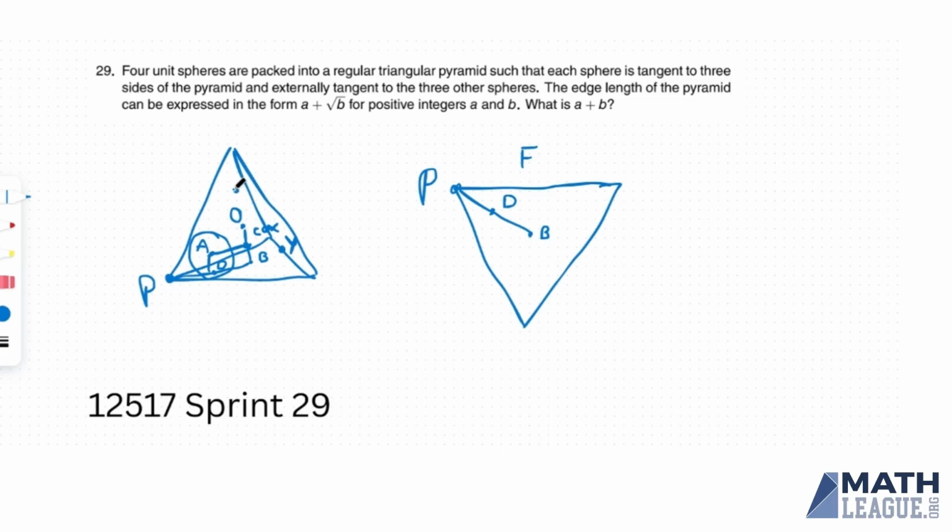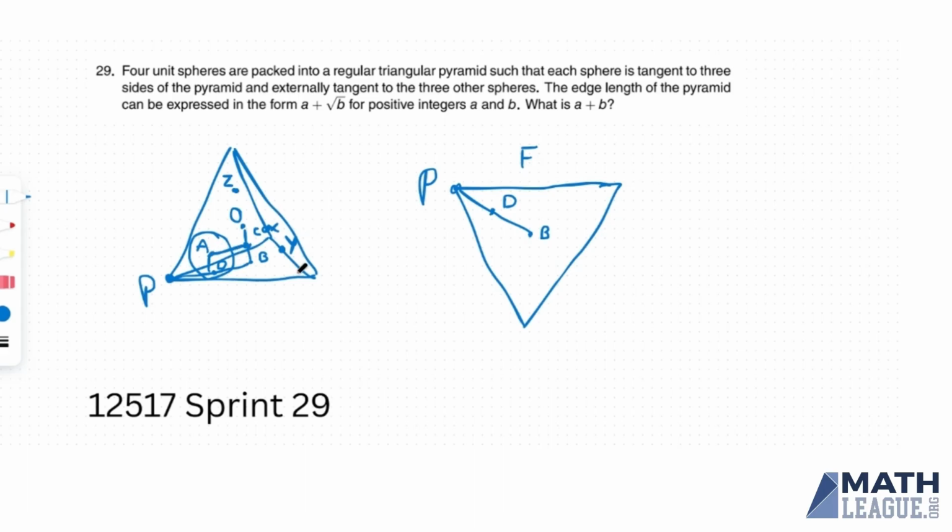And let's call the center of the non-tangent sphere Z. Then notice again by symmetry that the pyramid AXYZ is also going to be a regular triangular pyramid. Because these spheres are unit spheres tangent to one another, the edge length of pyramid AXYZ is 2, and O is going to be the center of pyramid AXYZ as well.